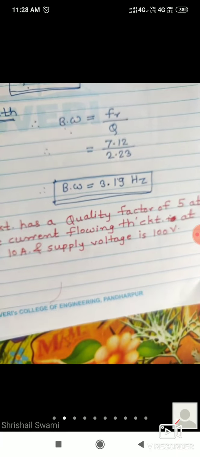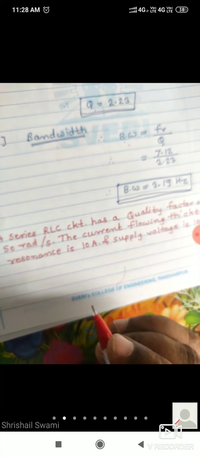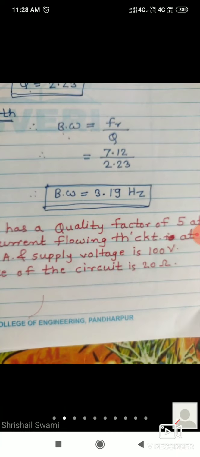The total impedance of the circuit is 20 ohm. So what I have to find out? Find the circuit constants.